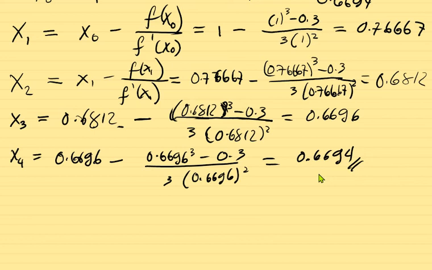This is when the root that we are finding is near a point of inflection, meaning there's a maximum and minimum around that root. In that case, sometimes the Newton-Raphson method will not give us the correct answer. So that's the drawback of Newton-Raphson.